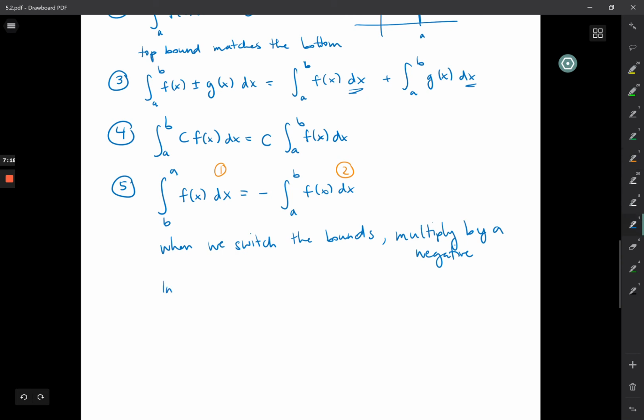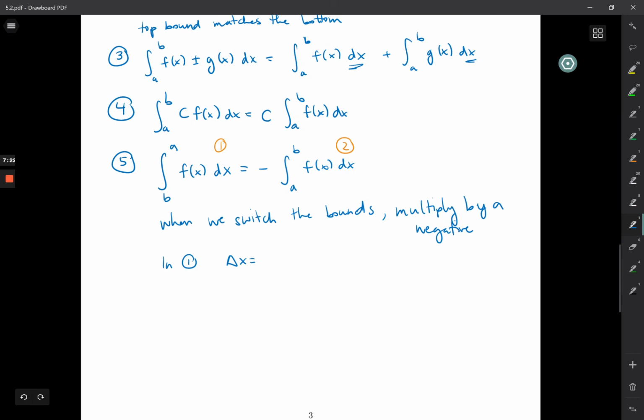In 1, delta x will be equal to, we have the interval from b to a, that will be a minus b over n, and in 2 we have delta x equal to, that one is in the normal direction, so b minus a over n. See that this is equal to negative b minus a over n. This is where the negative comes from.